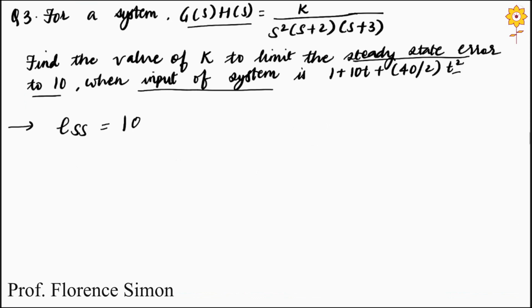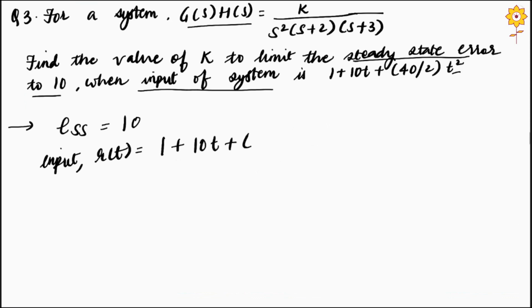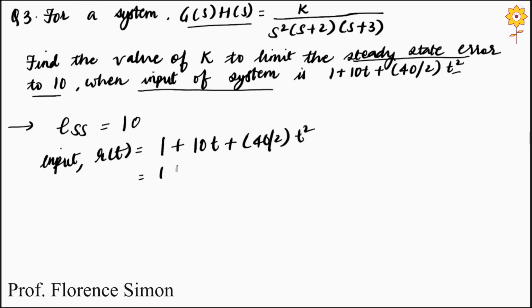The input, meaning R of t, is 1 plus 10t plus 40 by 2 into t square. So, we can also write this as 40 into t square by 2, right.